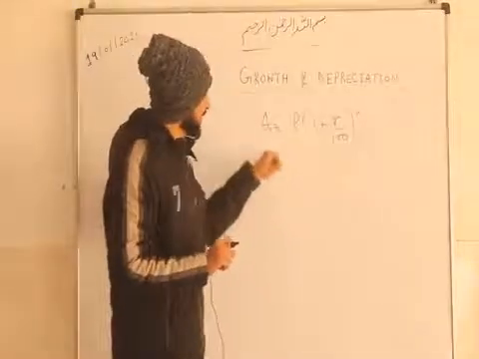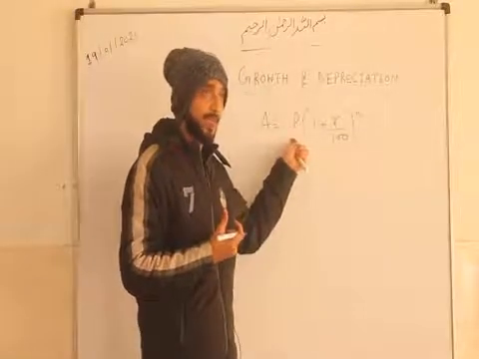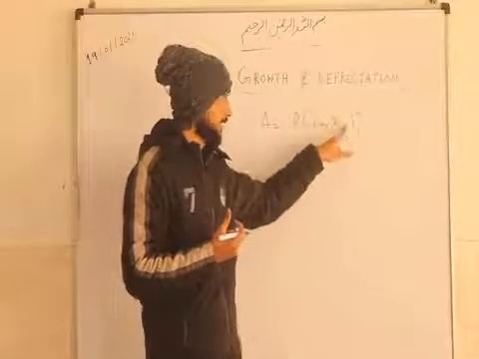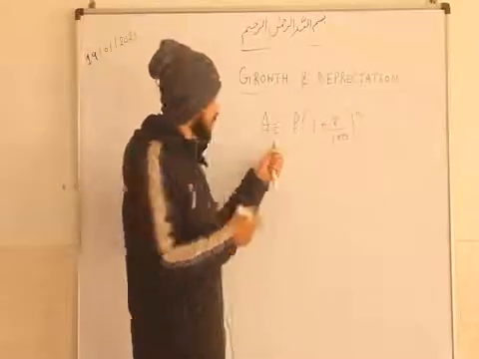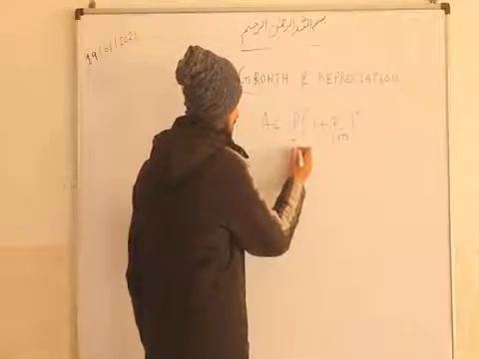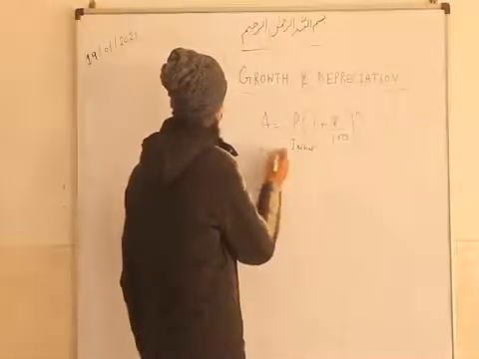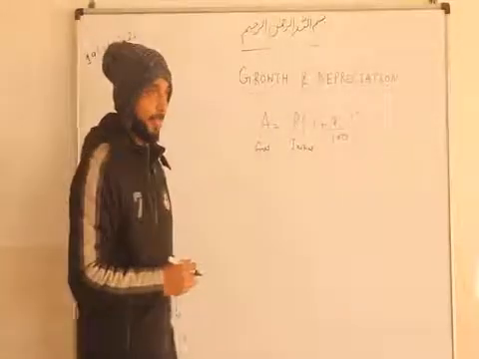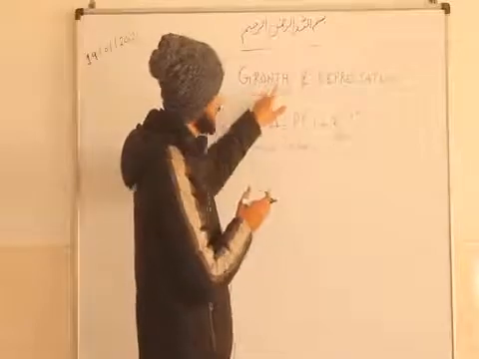So we can say that it was the initial amount, and after applying the rate of interest we are getting this final amount. So this was the initial money, and this was the final after a certain period of time. So the same concept we will use to learn growth and depreciation.